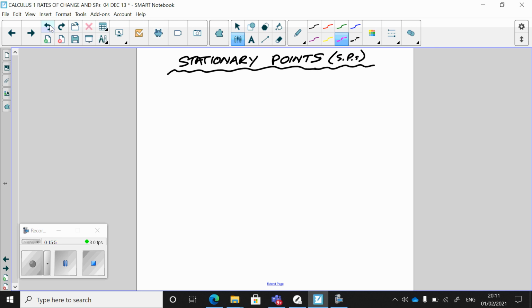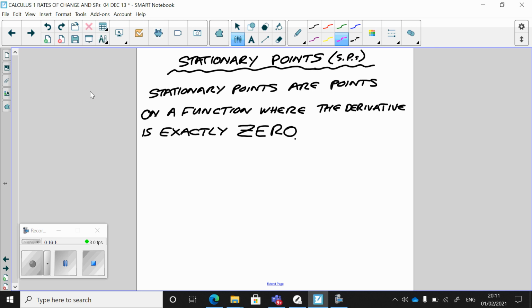So stationary points, what do you think about here? Points that don't move, and you're thinking, well, none of your points ever move on that page. Well, stationary points are a different kind of beast. So we're just going to go through what stationary points are. Well, they're specific points on a curve.